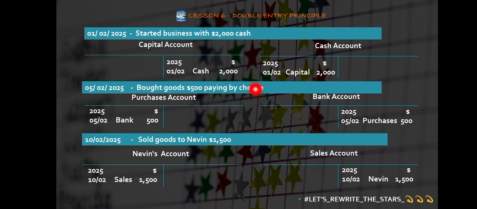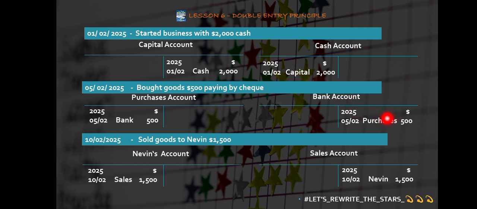The means through which we purchased it is indicated here: check. Whenever you make reference to check, it is recorded in the bank account. We were paying by check, so the bank is making a payment, and we said payments are credited.